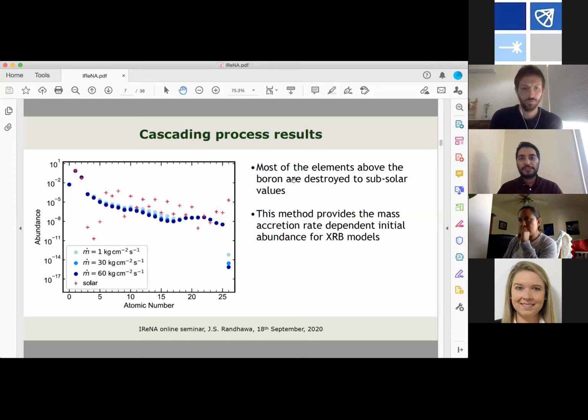What we see is that above boron, almost all the elements are destroyed to subsolar values. And the important thing is that this method also provides the mass accretion rate dependent initial abundance for the X-ray burst.